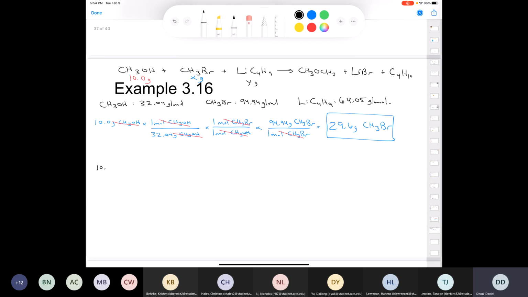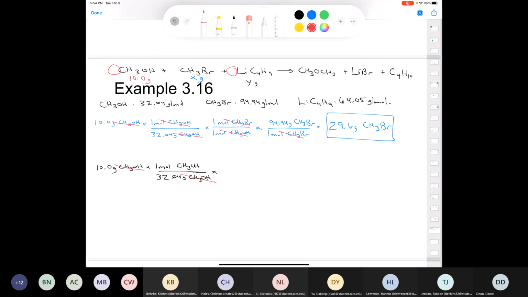Same thing. We get our 10.0 grams of methanol. Okay, same conversion factor. For every 1 mole of methanol, I have 32.04 grams of methanol. Again, if we were to stop there, you'd just end up with the number of moles of methanol. But you see that the ratio is 1 to 1.